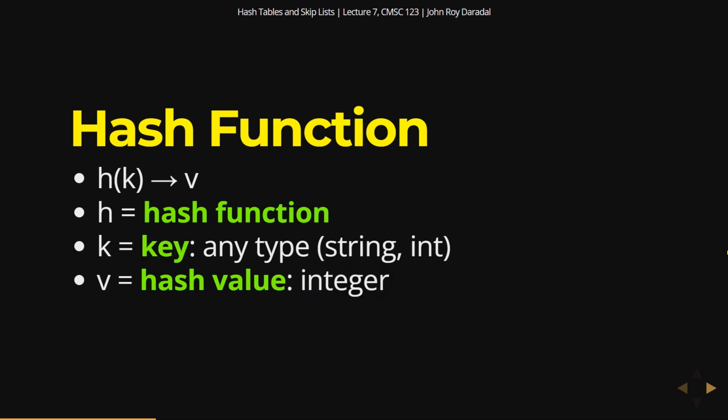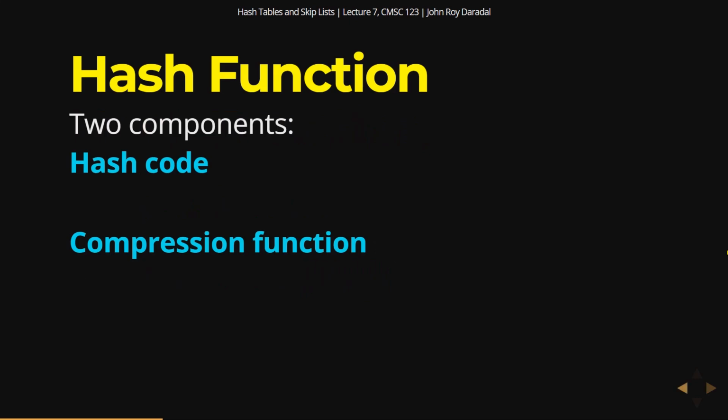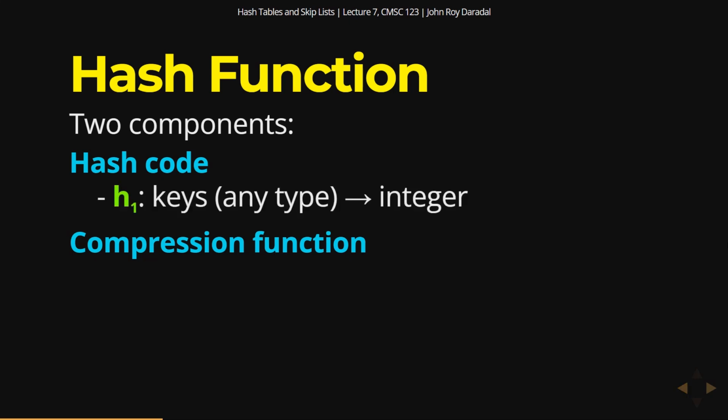The hash function is actually composed of two things: the hash code and the compression function. The hash code converts the key of any type to an integer, and it could be any integer. It doesn't have to fall under any range.